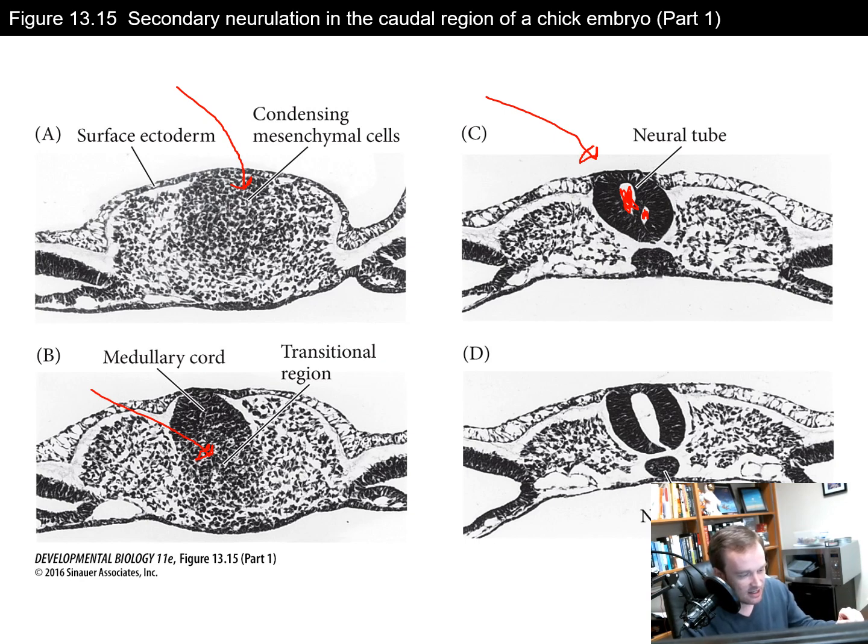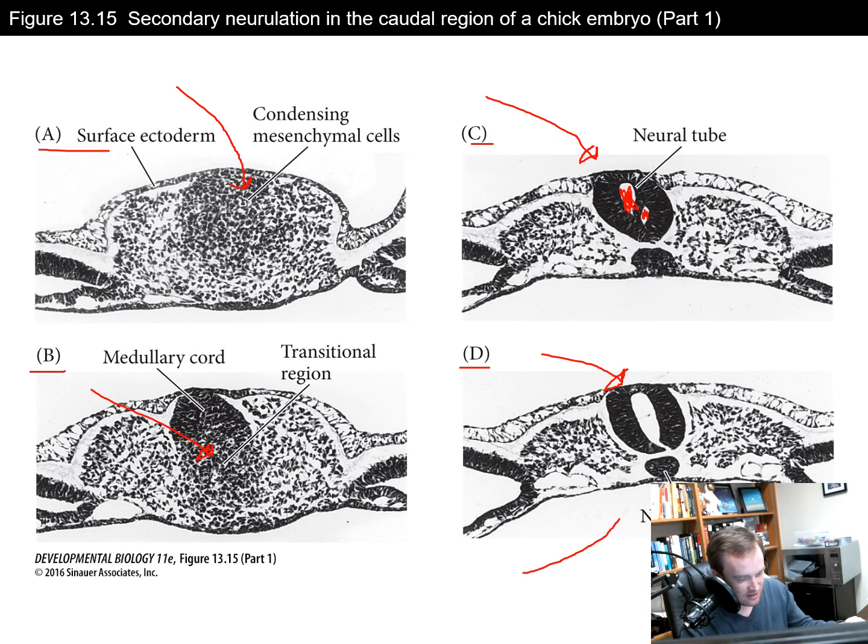And then in slide D here, we have the finalized lumen. So as you can see, if we go from A to B to C to D, this kind of coalescing and formation of this tube from these disorganized cells.